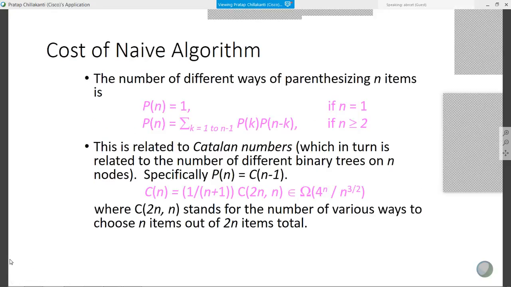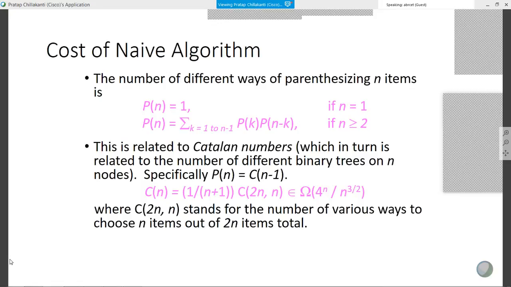So there are some equations here. I wanted to remove the slide, but I let it be here. There's some formula you come up with for how you can parenthesize n items, and then it gets into some theory called Catalan numbers. We'll come to these Catalan numbers when we talk about binary trees, I think.